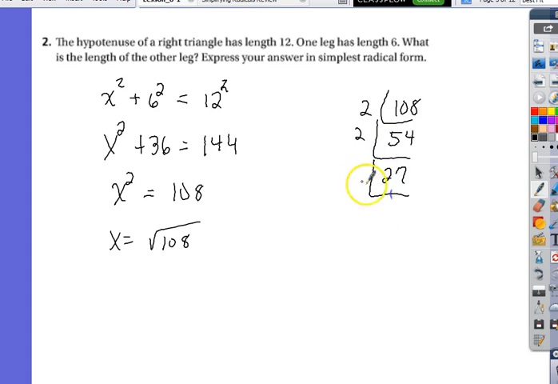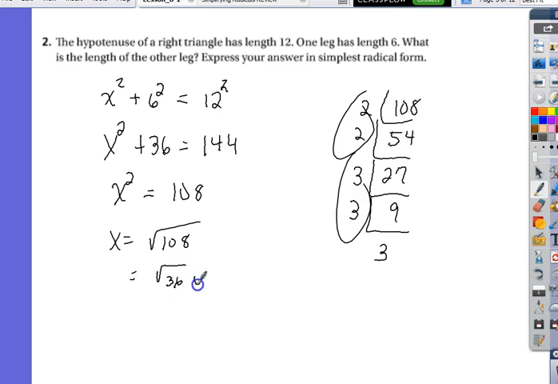I'm done with the 2's. 3, 9, 3, and 3. So we have a pair of 2's and a pair of 3's. 2 times 2 times 3 times 3, that's 36. I'm left over with a 3. Square root of 36 is 6 root 3.